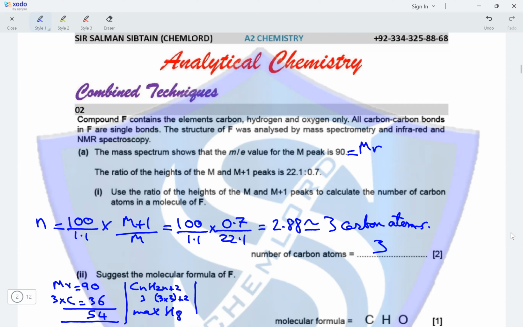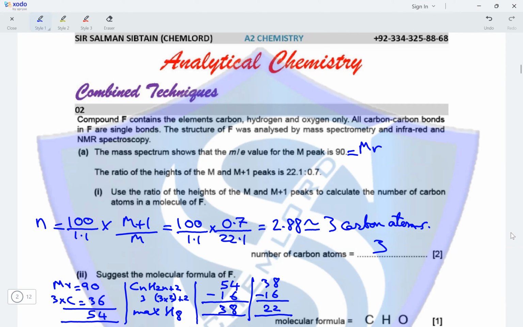So working on this, if we remove one oxygen from 54, 54 minus 16, we are left with 38, and 38 hydrogens are not possible. So out of 38, if we remove another oxygen, we're left with 22.